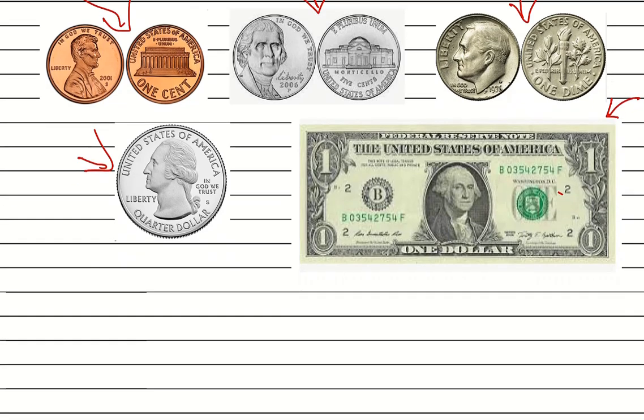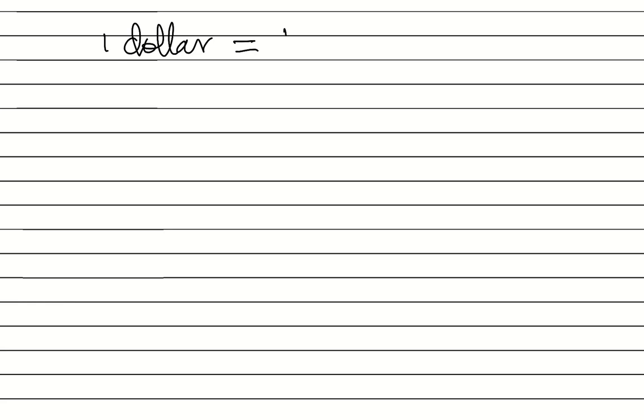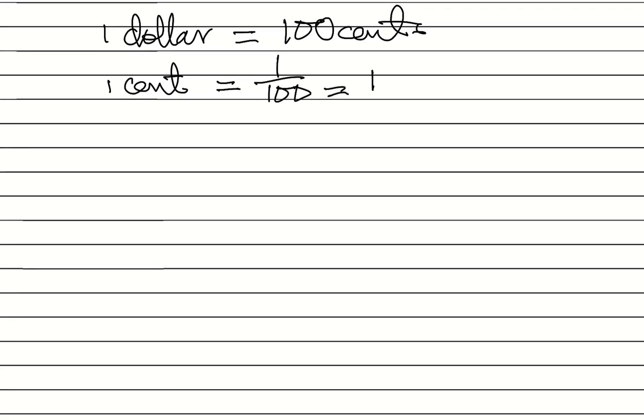Now check this out. $1 is equal to 100 cents, right? Look at one cent, and ask yourself, what is the relationship between 1 cent and $1? You notice that 1 cent is the same thing as 1 over 100, or the same thing as 1%.